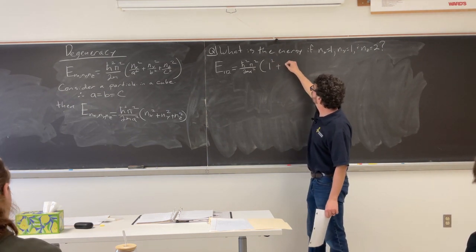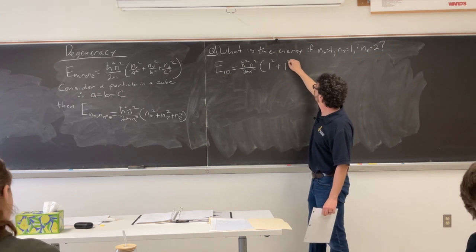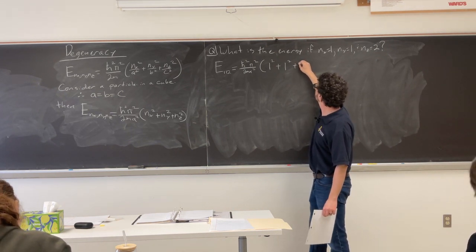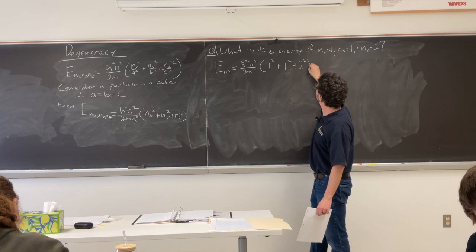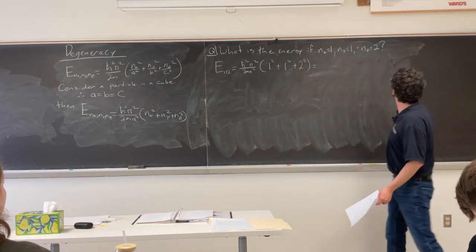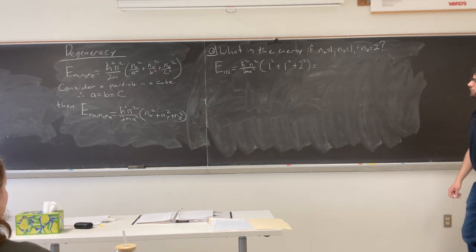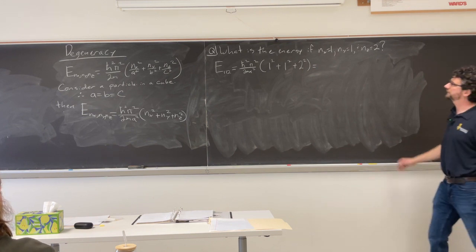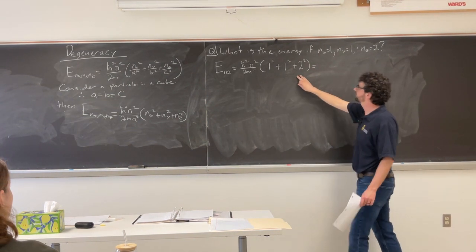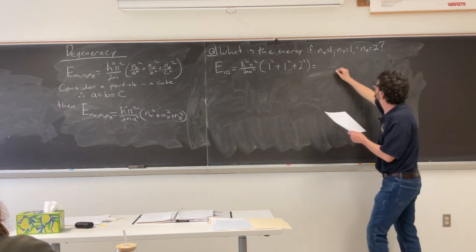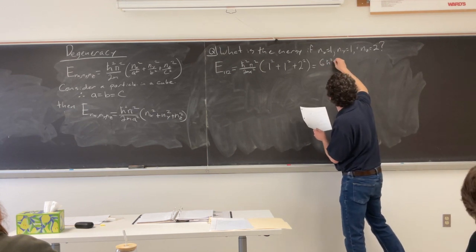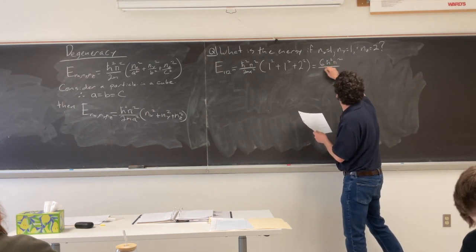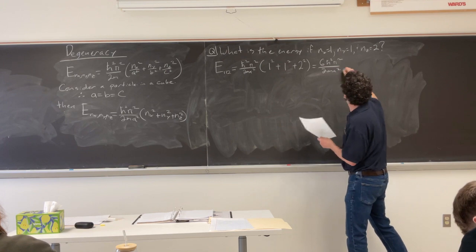So 1 squared, n sub y, n sub z. Value of all this junk smacked together, what's it going to be? Yep. So we get 6 h bar squared pi squared all over 2ma squared.